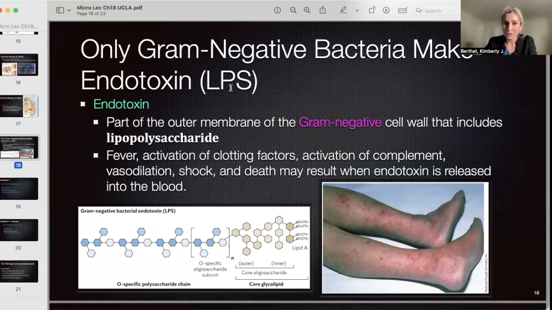So LPS in low concentrations is not necessarily a problem, especially when it's in living cells, but it's only when it's in a large quantity of cells and then released from the membrane upon the death of the gram-negative cells. So it's something we have to think about for shock factors when LPS is released into the blood, that it can cause shock for humans. Okay, I think that's about everything.